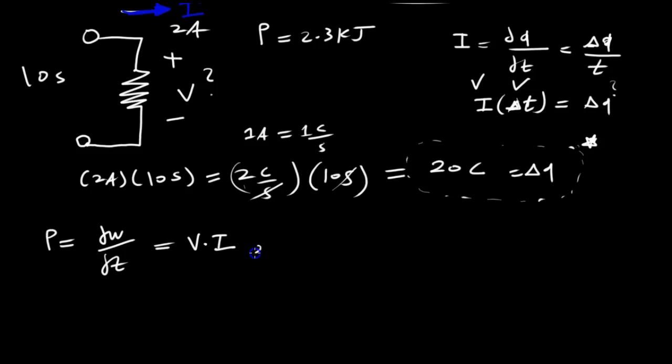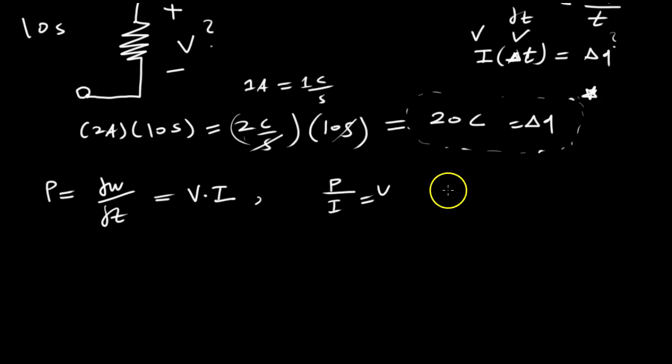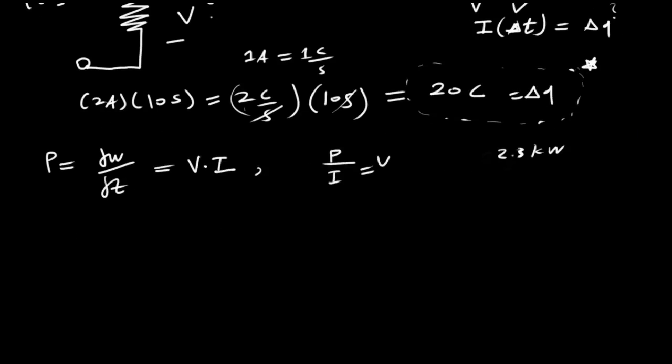If you want to find the voltage, we could do power over I is equal to voltage, and let's see if that works. I'm going to go ahead and plug these in and see what happens. We get 2.3 kilowatts, I believe that's what it was. Kilojoules, I'm sorry.